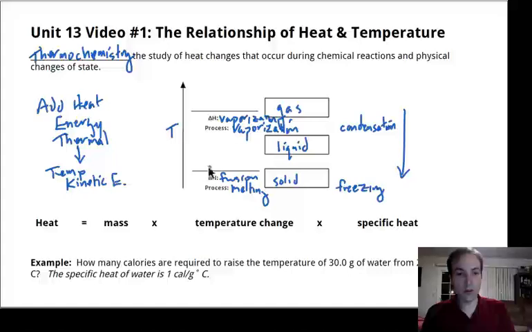Think of the solid as having the lowest amount of heat, or the lowest amount of energy, and a gas as having the highest amount of heat, or again, the highest amount of energy for that substance.